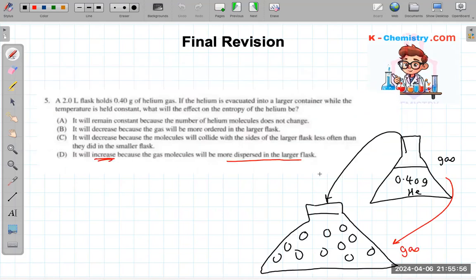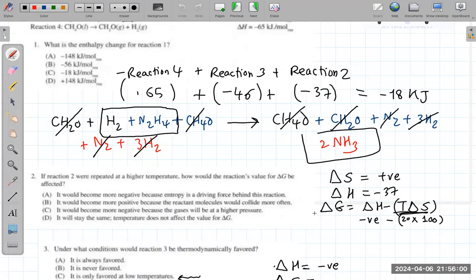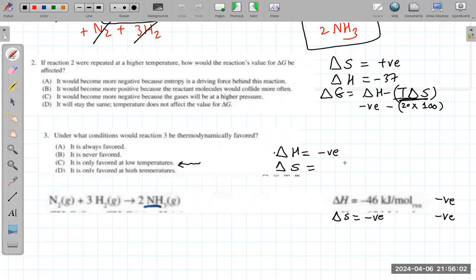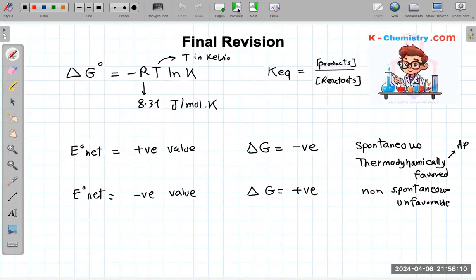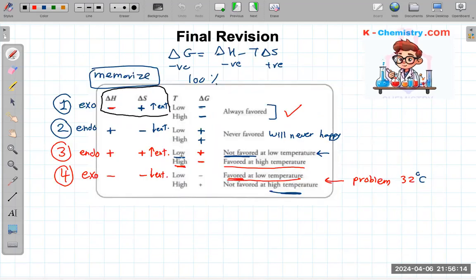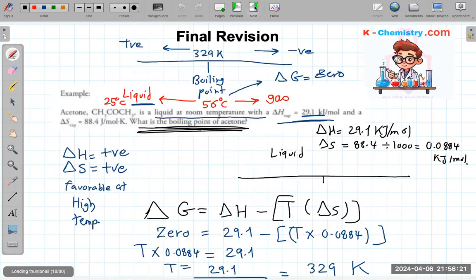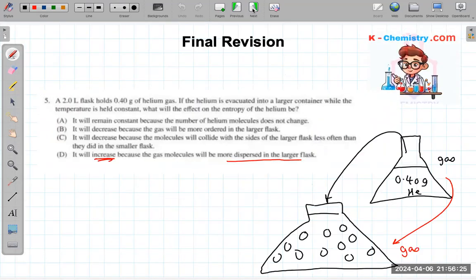The same way we have just answered a similar one right now, which is delta H and delta S are both what? Negative, right? And we said that when both of them are negative, it will be only at low temperature that it becomes thermodynamically favored.